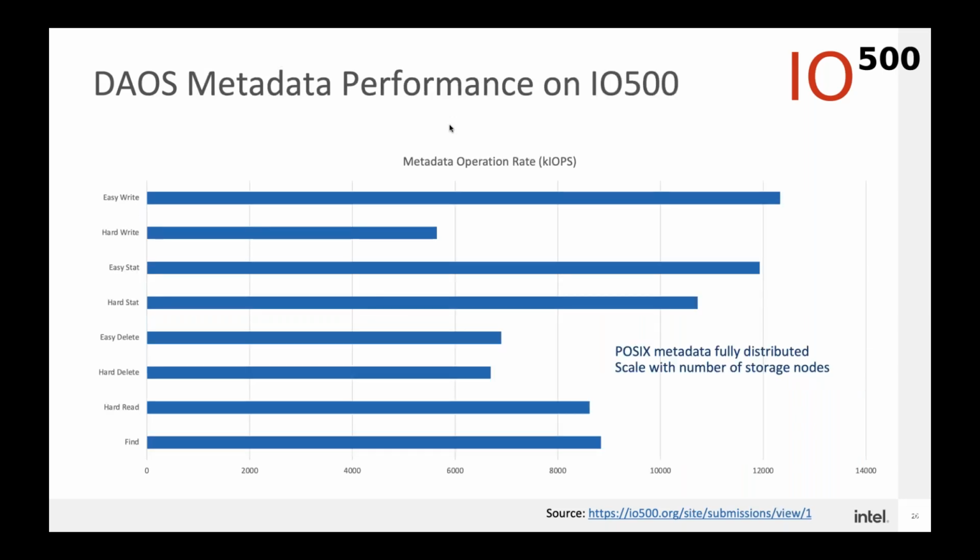Metadata performance is the most important part of the IO500 submission. We can see all these numbers are at the level of million IOPS. And as introduced earlier, this is really because DAOS is using PMDK and persistent memory to store both internal and application metadata.